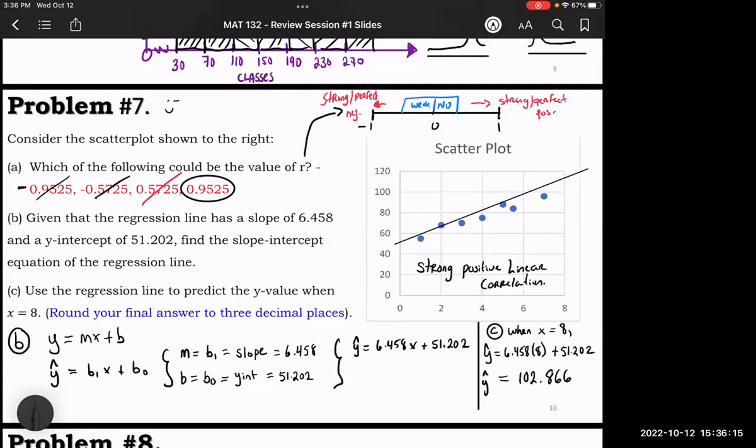So I'll do a little simpler example because with these decimal numbers, it's a little harder. I'll do it on the board. Let's say I had the equation y equals 4x minus 8, and I want to find the value of x when y is equal to 12.